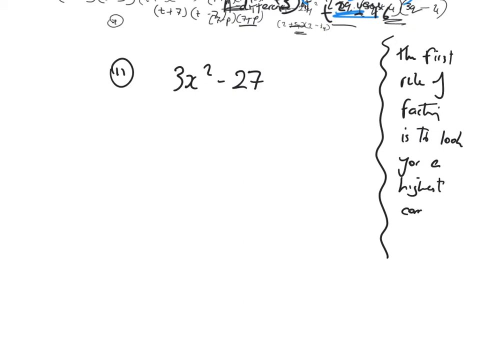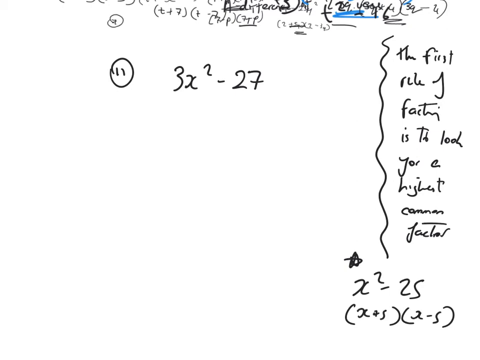So you always do that first. Now for x squared minus 25, for example, you don't need to take that down, but there was no highest common factor, so it's just straight to difference of two squares.